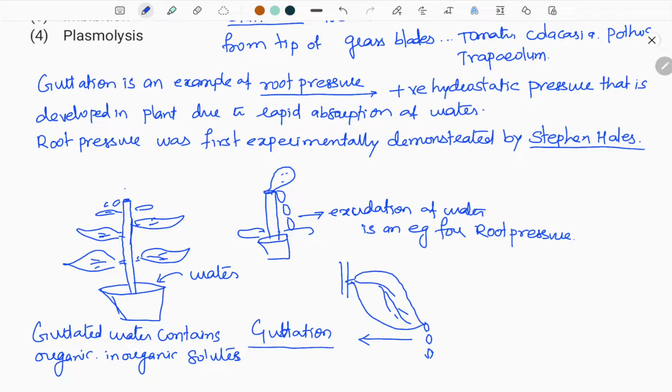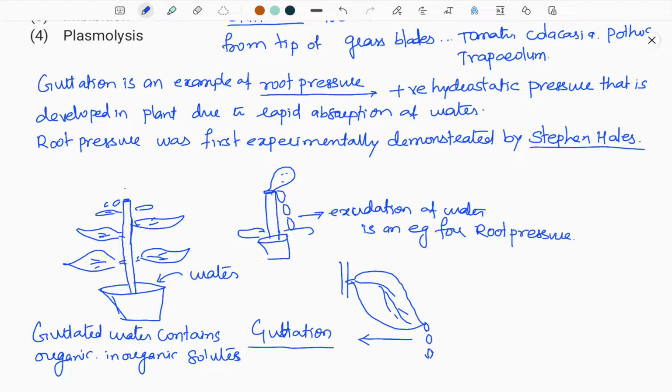A biological evaporation from trees, from plants is called transpiration. That contains only gases. But guttation, as it is droplets of water being discharged from the leaves, these droplets contain organic as well as inorganic solutes. So that is the case here.